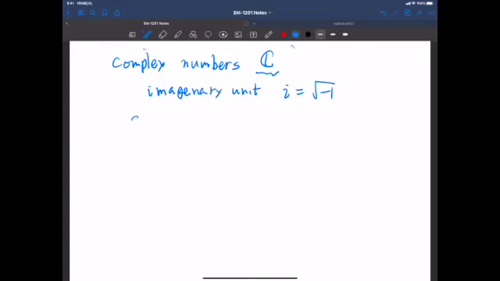And the set of complex numbers is formally defined as this, where a and b are real numbers. We will see a different definition of complex numbers in the next chapter, which I think is more interesting. But here we just leave the definition as this.